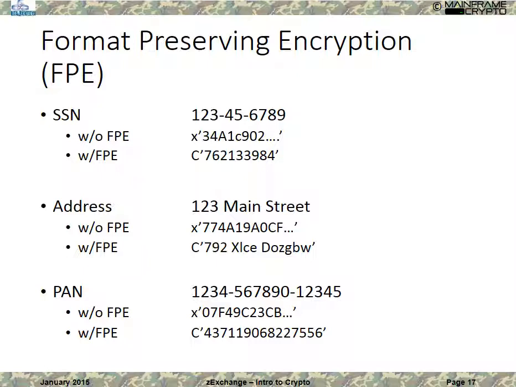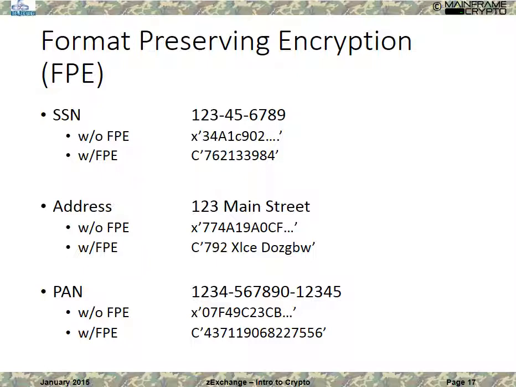So that 9-digit social security number will be encrypted to a 9-digit number. Now that has some advantages when you're testing and upgrading your applications, in that if you have tests for is the data numeric, with format preserving encryption, those tests will still be valid.